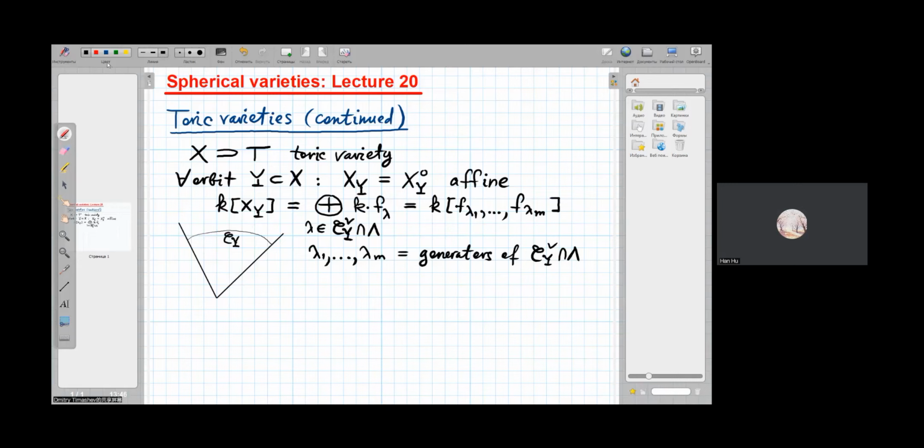And the dual cone, let me put it in blue, for instance. It looks like this. Of course, the dual cone sits in the dual vector space, but for convenience, I will draw it in the same picture. So the rays are these. This is the first ray. This is the second ray.